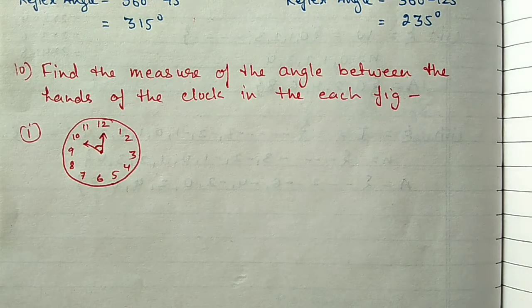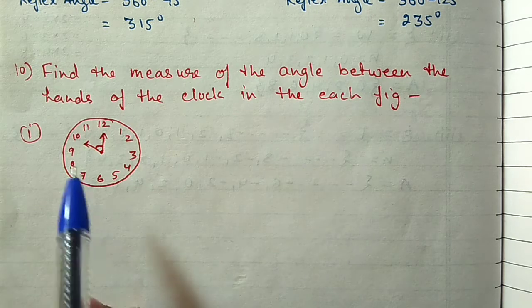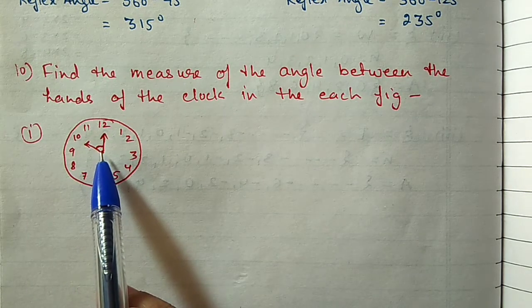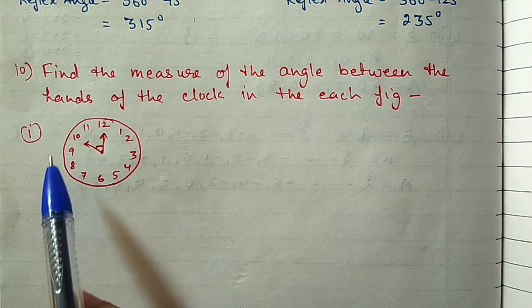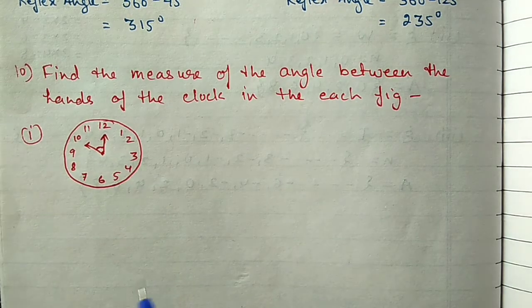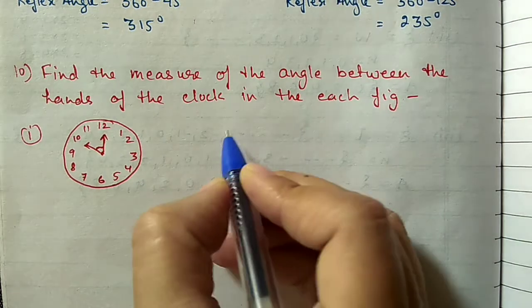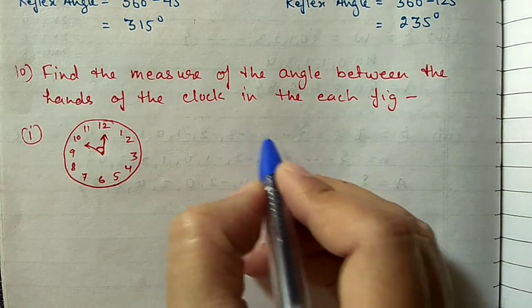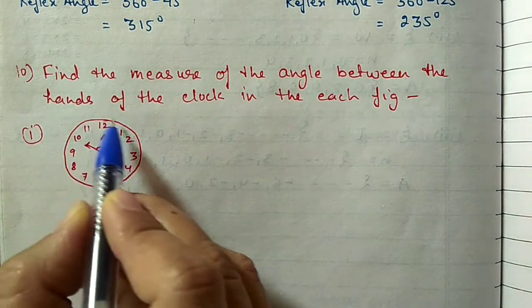Next, question number 10. Find the measure of the angle between the hands of the clock in each figure. So in first figure, one hand is at 10 and another hand is at 12. For this we will use the same thing whatever we have done in first question. In first question we did this total complete angle is 360 degree and it is divided into 12 equal parts.